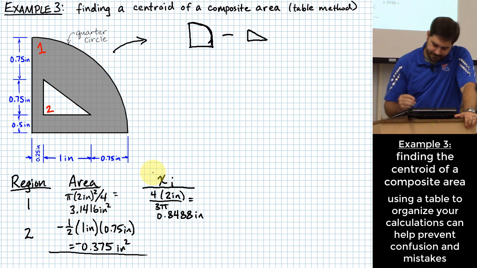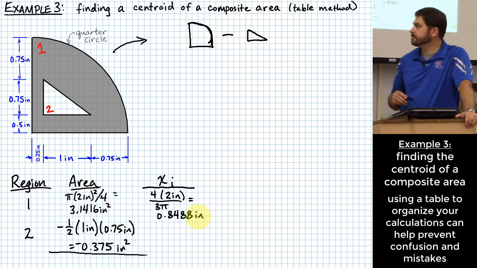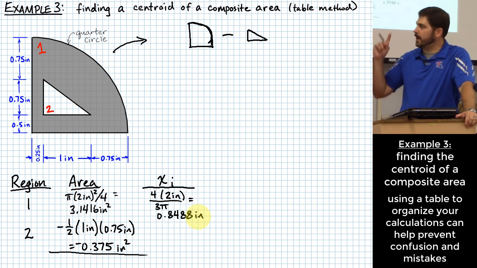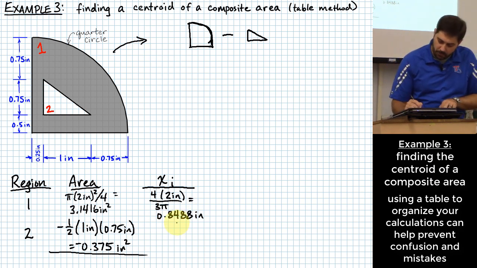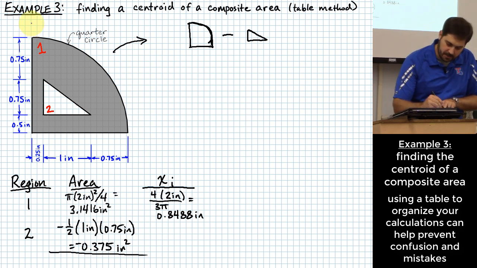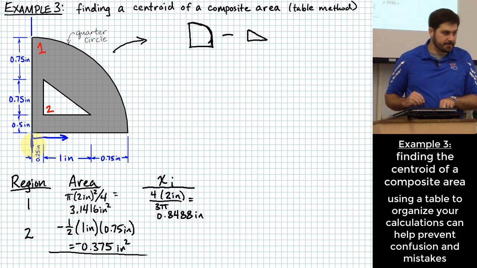Okay, so there's that. And then for region 2, what is my x coordinate of the centroid of region 2? Which, by the way, actually, I should make this very, very clear. When I did this 0.8488, what was I using as my reference location? All right? I used over here, and I said I found where this is going to be relative to this edge.